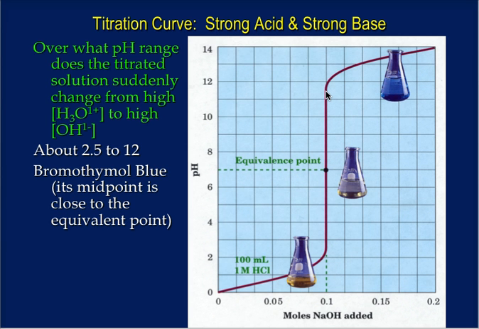Because of that fact, there's a broad range of indicators that change color over, let's say, this 4 to 10 pH range. And that's why strong acid, strong base titrations are a little bit more forgiving for first year students as well. I'll show you why on the next slide.